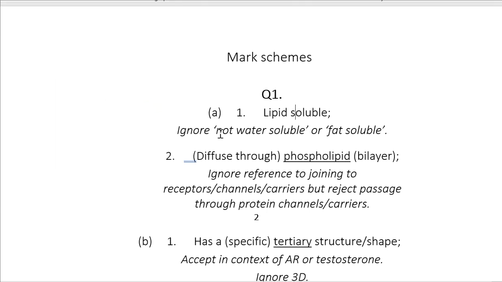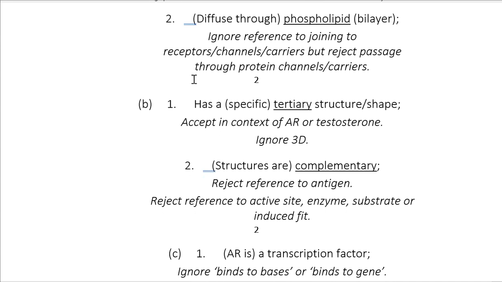Look at the mark scheme. It says it has a specific tertiary structure. It's all about structures, and you have to mention the word tertiary structure because it's a protein. So it has a specific tertiary structure which is complementary to each other.